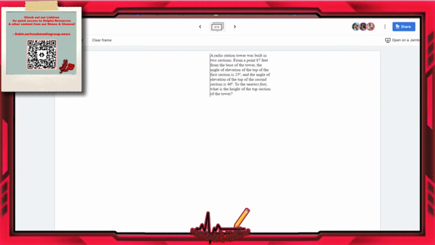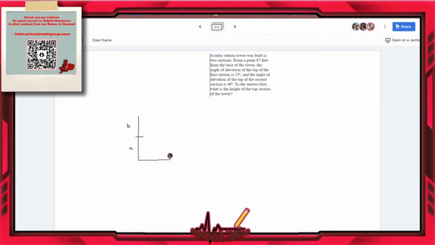We're going to have to draw another picture here. We'll first start with our tower, and we know that it has two sections, so we'll just split it in half. We'll call the first section A, and the second section, the top section, B. It says at a point on the ground 87 feet from the base of the tower, so we're going to draw a ground.